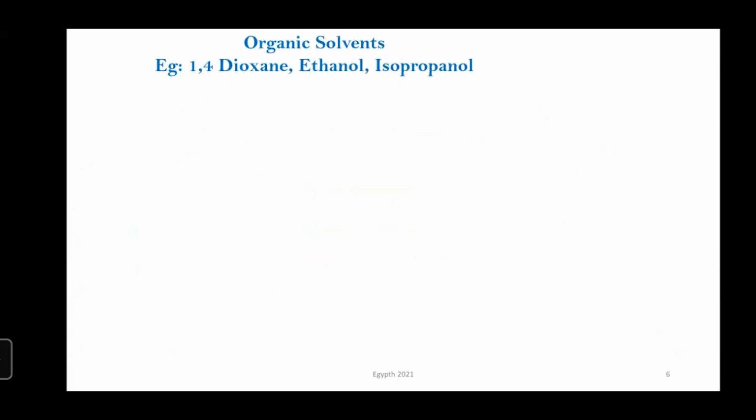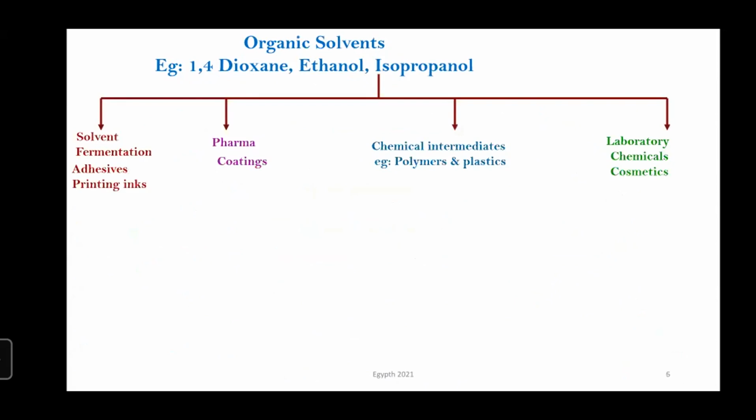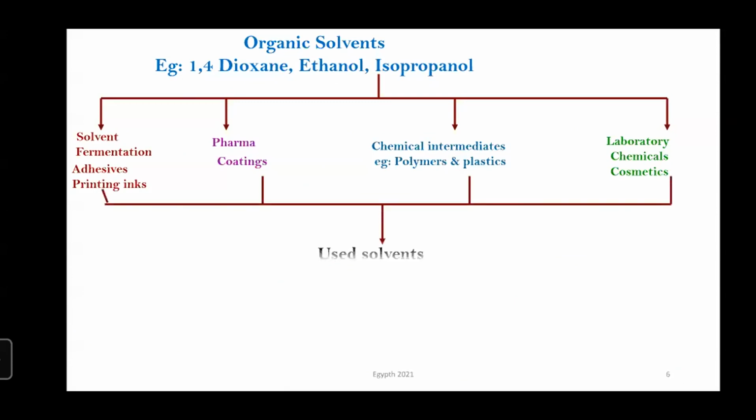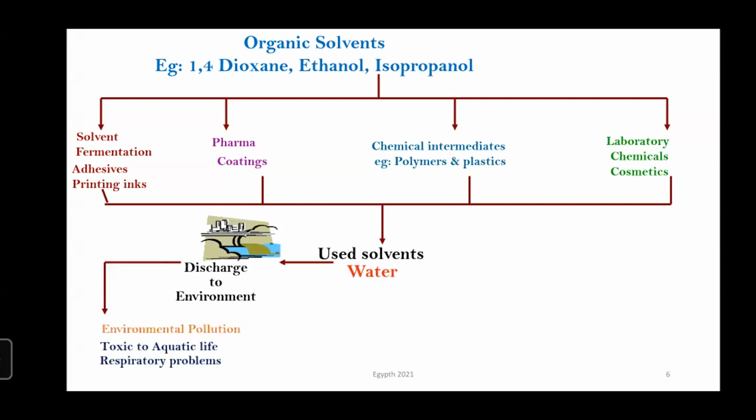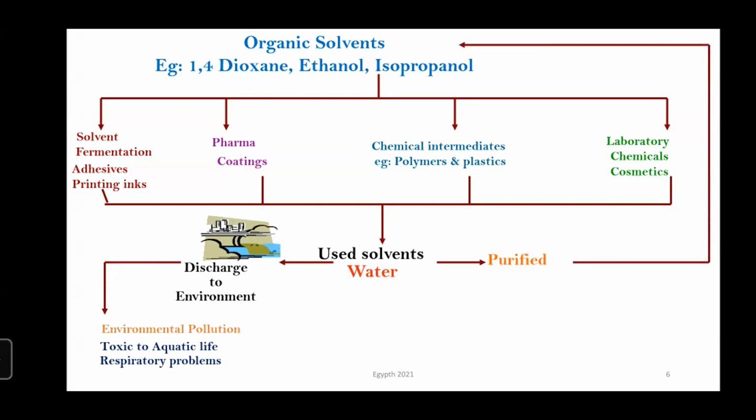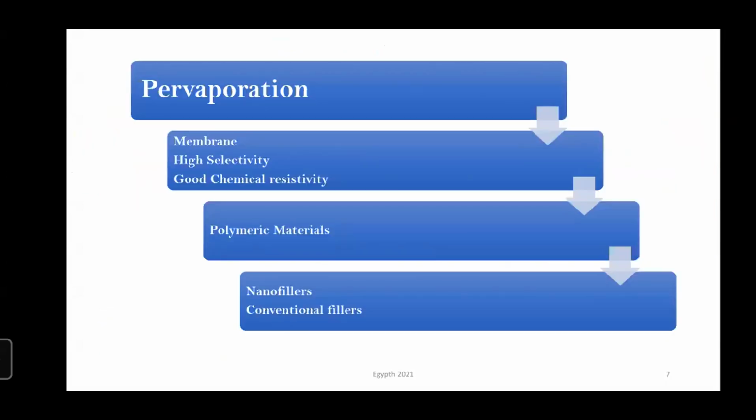Here we are mainly focusing on separation of water from organics, because a lot of organic solvents are used in fermentation, adhesives, printing, pharma coatings, chemical intermediates, and laboratories. They are easily miscible with water and discharged to the environment, causing environmental pollution and toxicity to aquatic plants. Using pervaporation, we are able to separate water from organics, even from azeotropic mixtures, and we can regenerate or purify the water, or regenerate the solvent. That is the advantage of the pervaporation process.